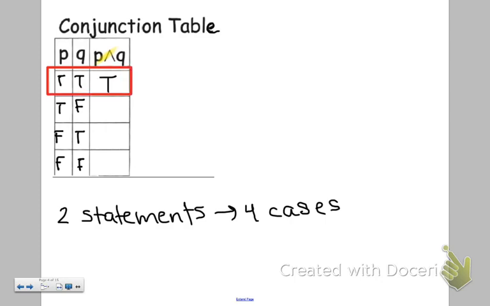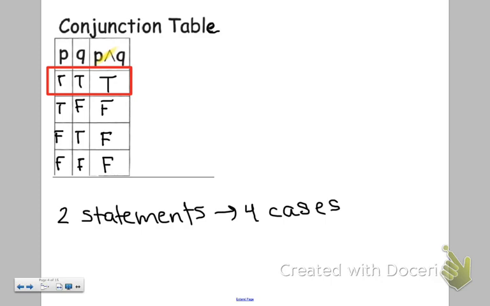True and true is true. That is the only time that an and is going to be true. Every other case is going to automatically be false. So if you focus on remembering that when it's and, you have to have true, true in order to be true, you get all the others for free because those ones are automatically false.